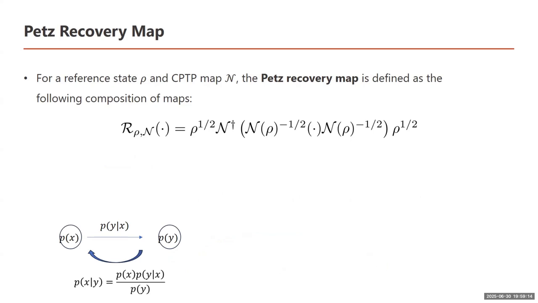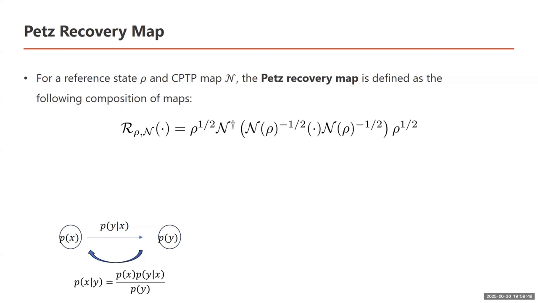For intuition, let's think of an analog of this path recovery map in a classical channel. Let's think of some distribution Px, and let's think that it evolves into Py. The relation between Py and Px is given by Py given x, representing the conditional probability.